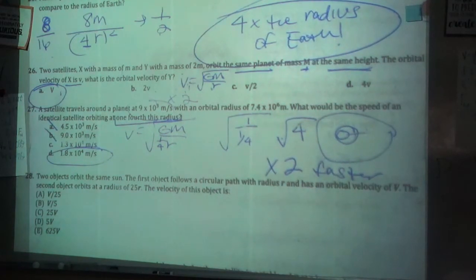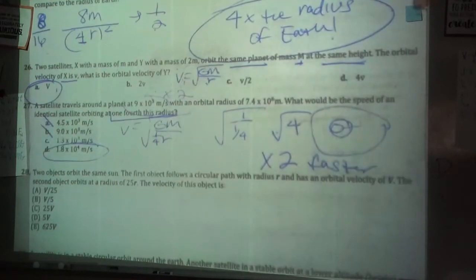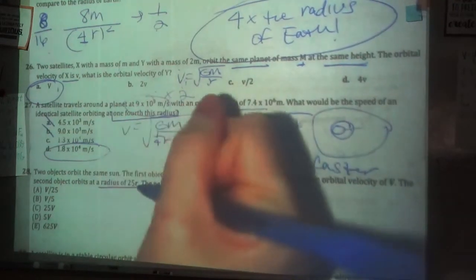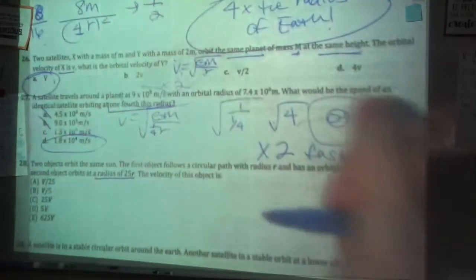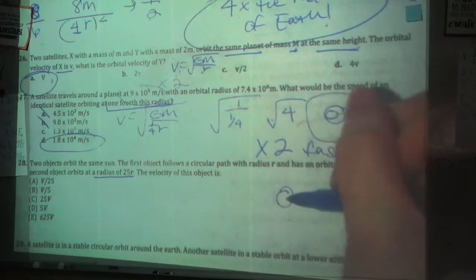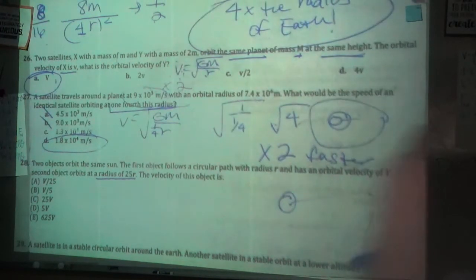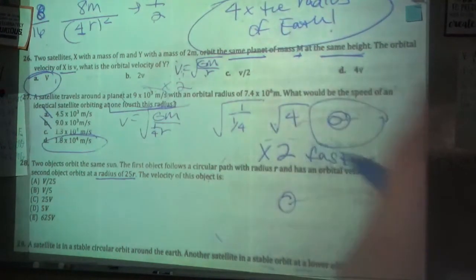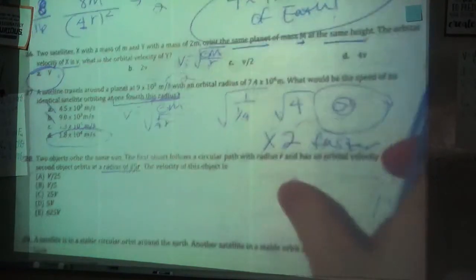Two objects orbit the same sun. The first object follows a circular path with a radius r and an orbital velocity v. The second object orbits at a much bigger radius. Whenever you are going farther away from the sun or whatever you're orbiting, you need to go slower to stay in that orbit because you're much, much farther away.